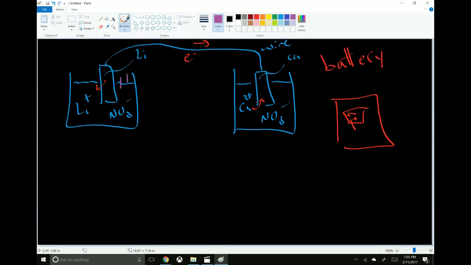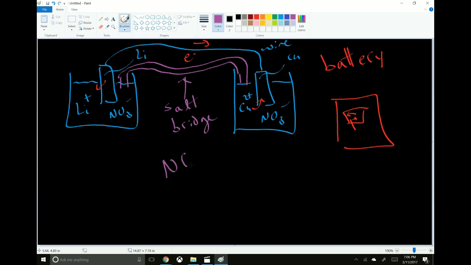What you need is something like this. That drawing here is going to be particularly crude. This is what's known as a salt bridge. Because instead of letting electrons flow, it lets ions flow.